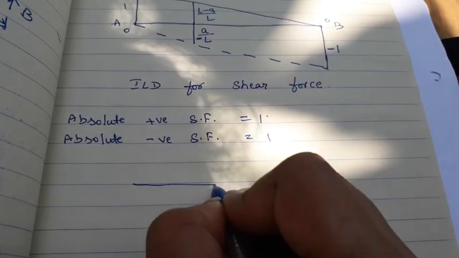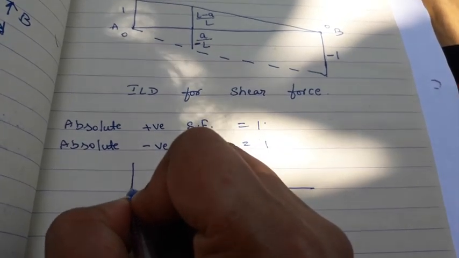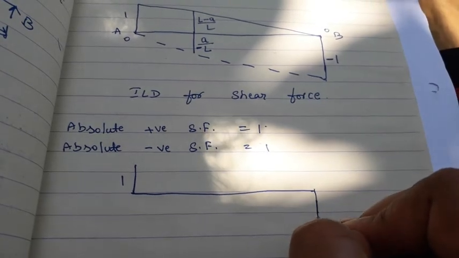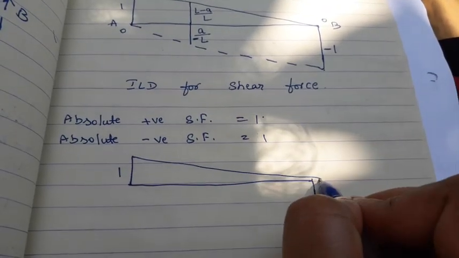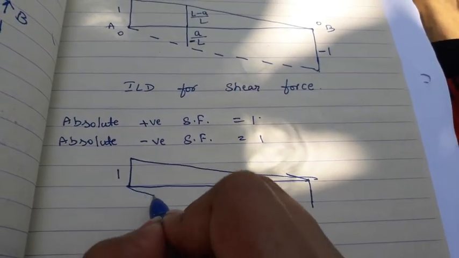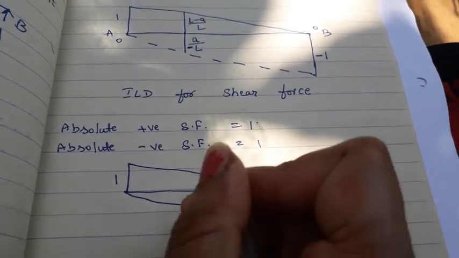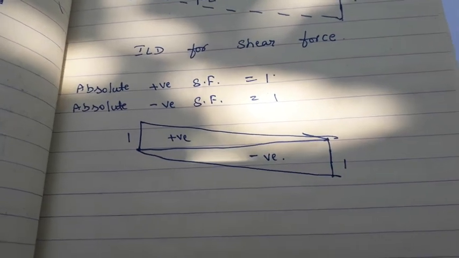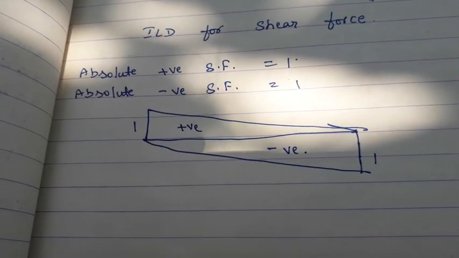So we will have the absolute shear force diagram like this. This is 1, this is 1. This is positive, this is negative. This is the absolute shear force diagram.